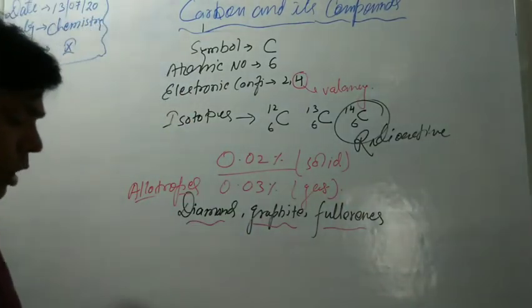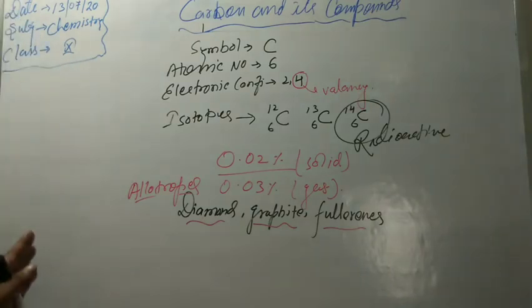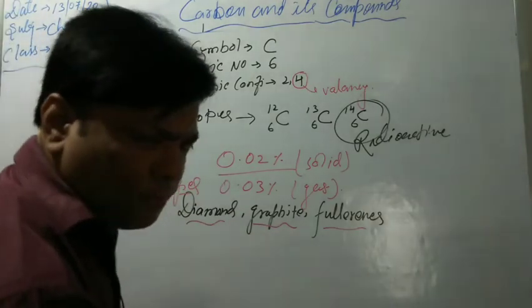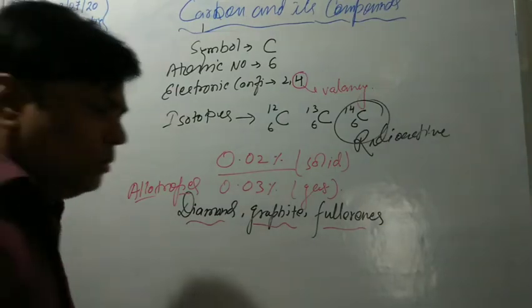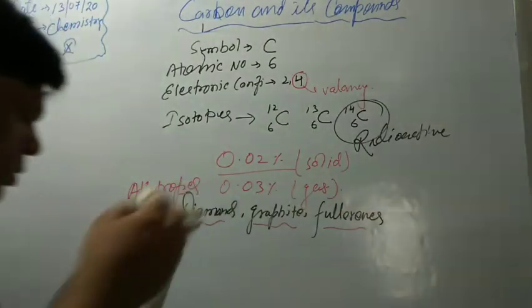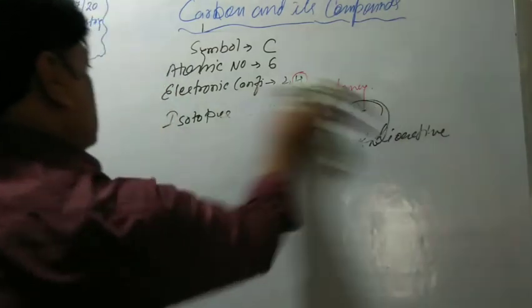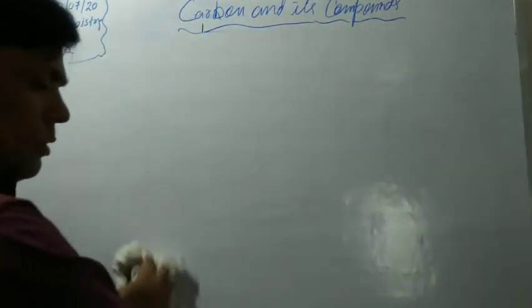This carbon atom was recognized as an element by Antoine Lavoisier, who is the father of chemistry. Now, let us understand which type of bonding is there in carbon compounds.